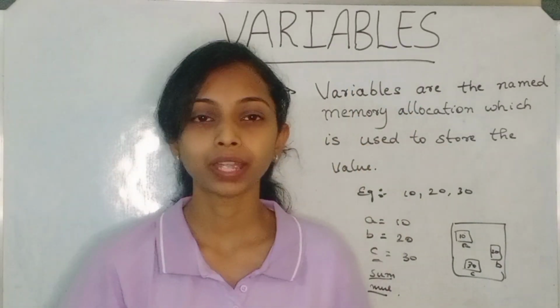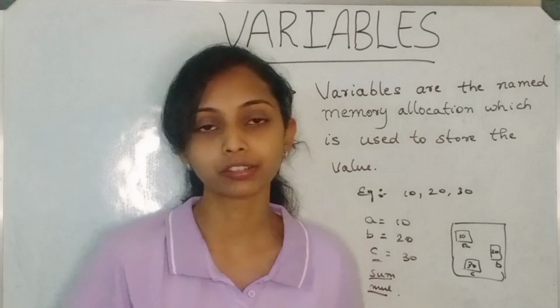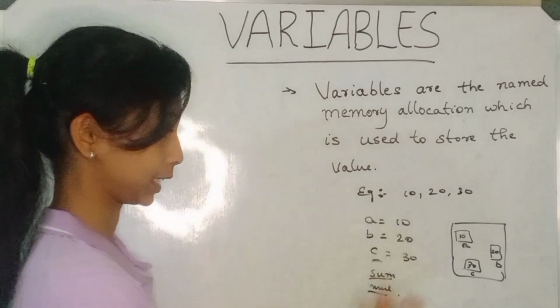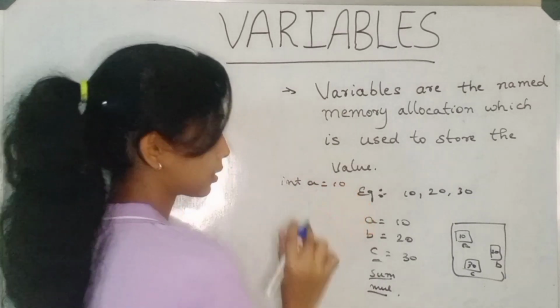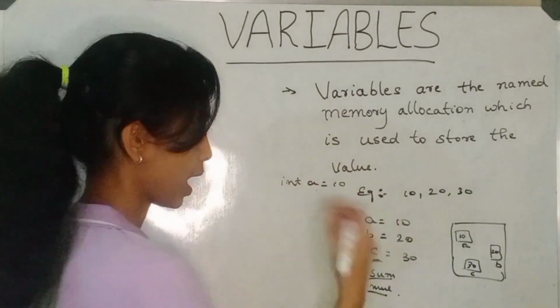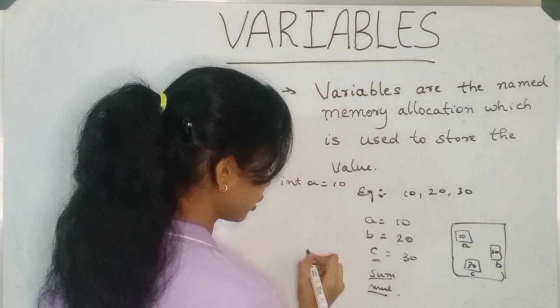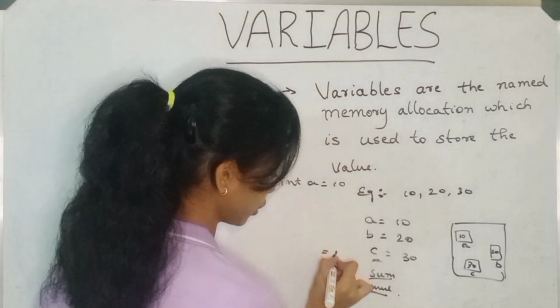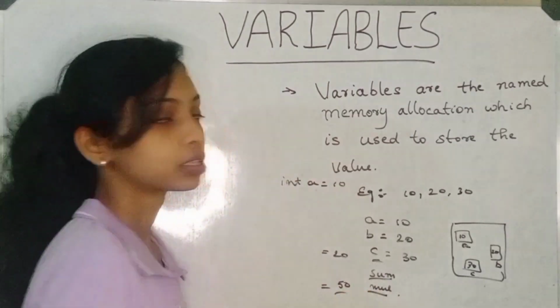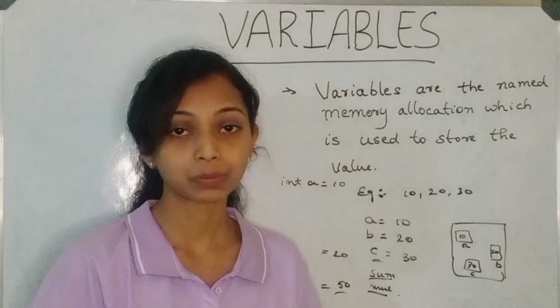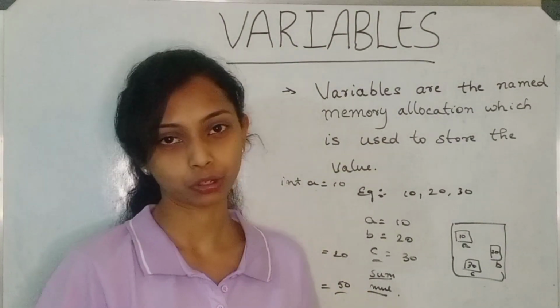And variable values keep on changing during the execution of the program. For example, in the starting of the program, if I initialize int a is equal to 10, and again I change the value of the variable to 20, and again I can change the value of the variable to 50. So we can tell that variable values keep on changing during the execution of the program.